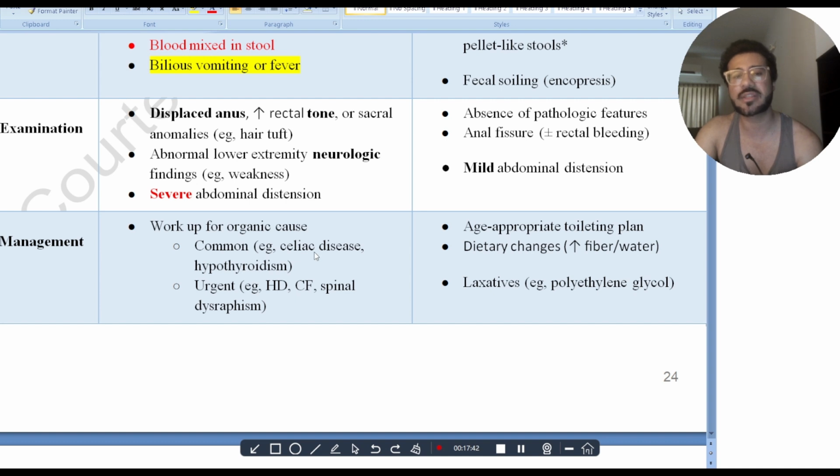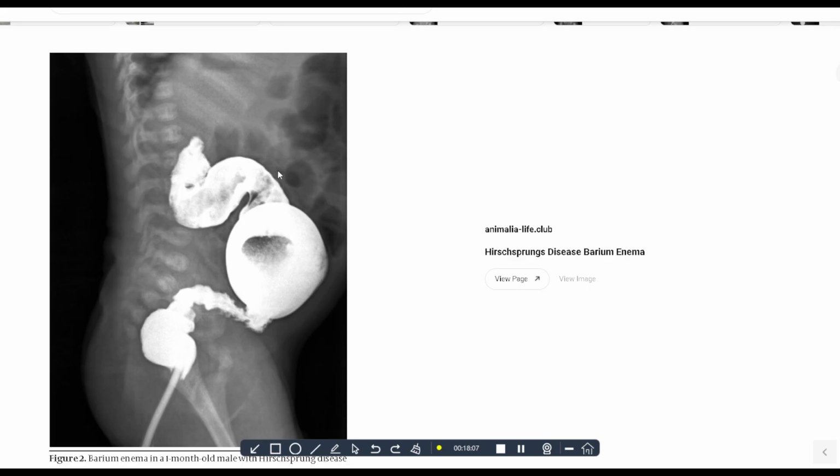If you suspect celiac disease, you order a biopsy of the proximal jejunum. If you suspect hypothyroidism as the reason, then you order TSH, T3 and T4. Basically, for all the diseases in your differential, you order the corresponding test. So this is a really high yield finding of Hirschsprung disease.